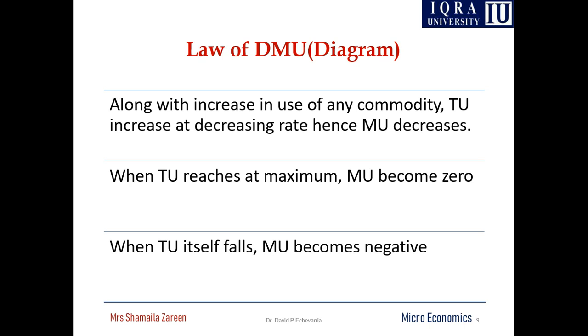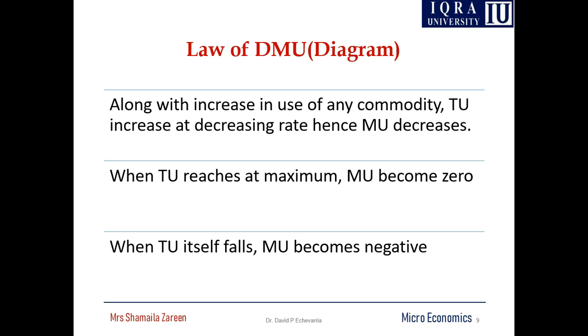Along with an increase in use of any commodity, total utility increases at a decreasing rate, hence marginal utility decreases. When total utility reaches its maximum, marginal utility becomes zero. And when total utility itself falls, marginal utility becomes negative.